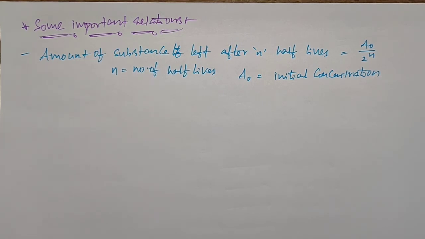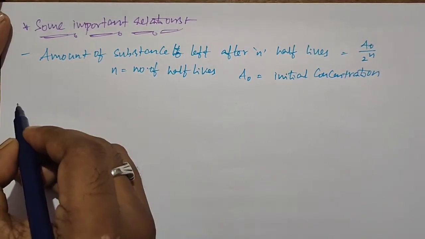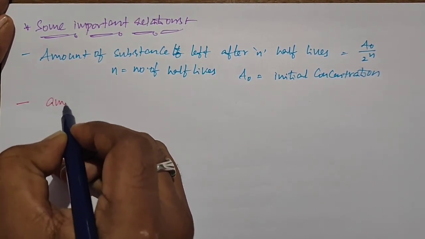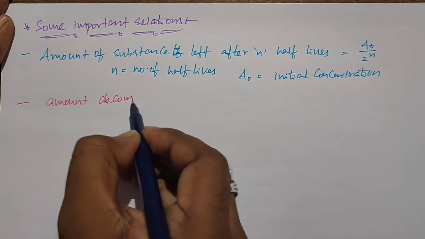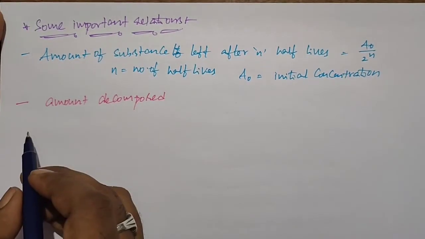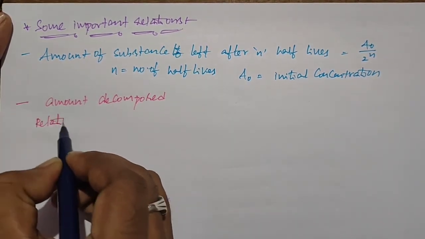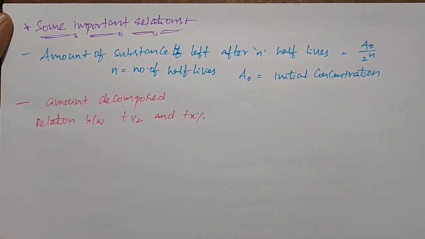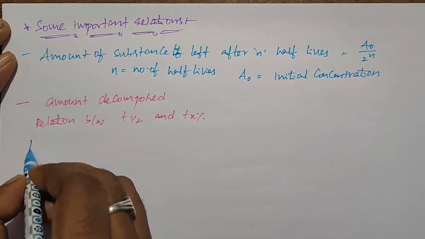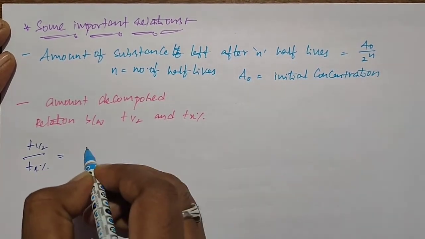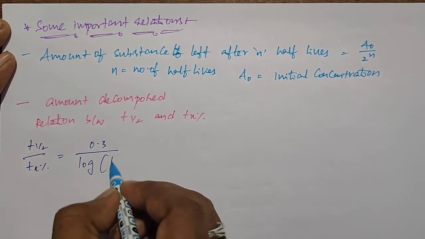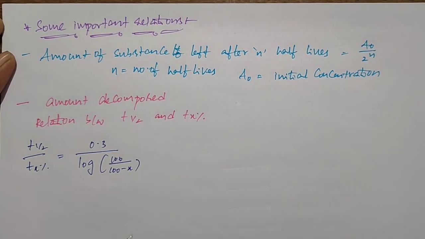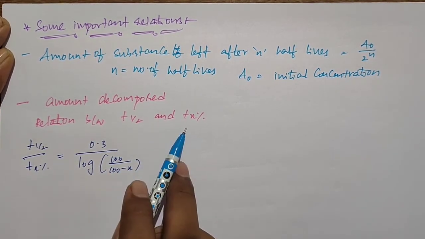Suppose x percentage of amount decomposed is given, then we take this formula: T half by Tx percentage is equal to 0.3 by log of 100 by (100 minus x). So this formula we use when T half and Tx percentage are given.